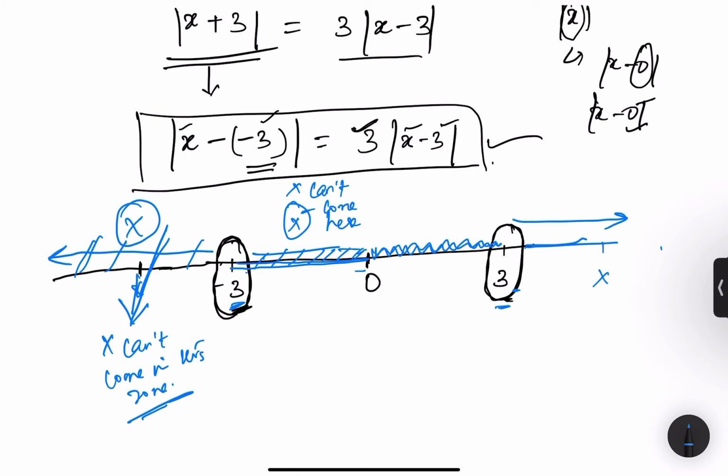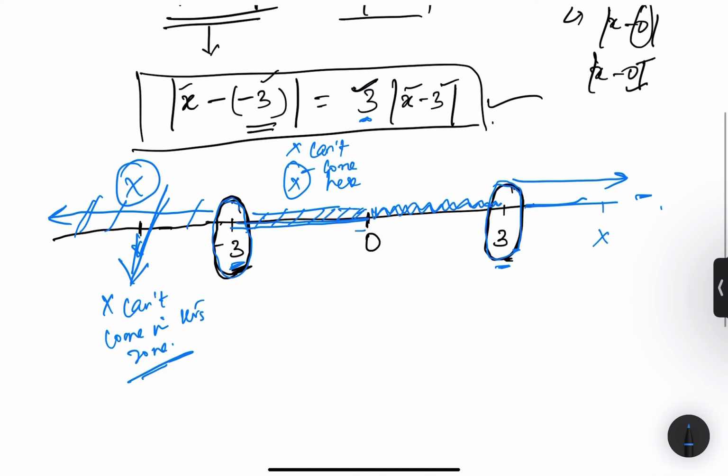Because again x needs to be such that the distance of x from minus 3 is 3 times the distance of x from plus 3. So I'm again and again repeating this because this is very important. Once you have understood this particular part, to represent mod of x, that is distance of x from any number on the number line, then solving a problem without writing the complex looking equations becomes very easy. So our x can either fall here or it can fall here.